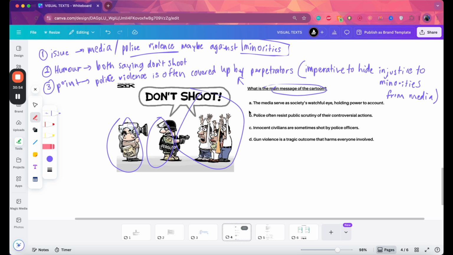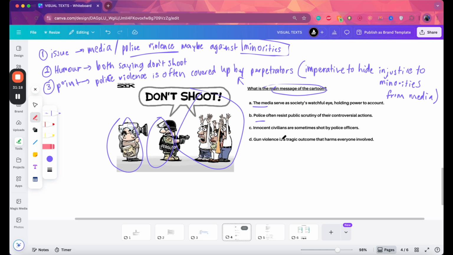So option A, the media serve as society's watchful eye, holding power to account. I'll come back to that answer. I can't eliminate it straight away. Option B, police often resist public scrutiny of their controversial actions. Okay, maybe that's correct. So I'm unsure about eliminating those two.